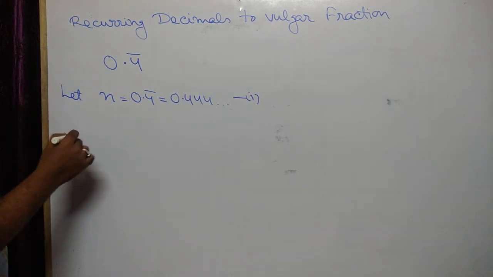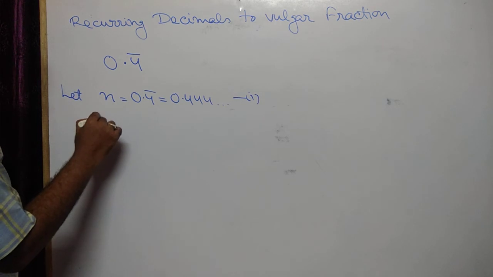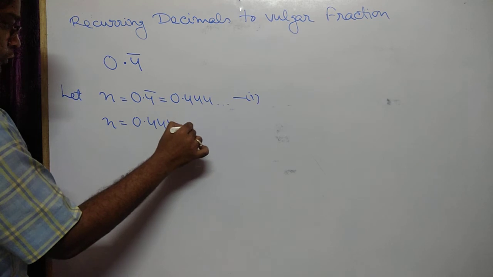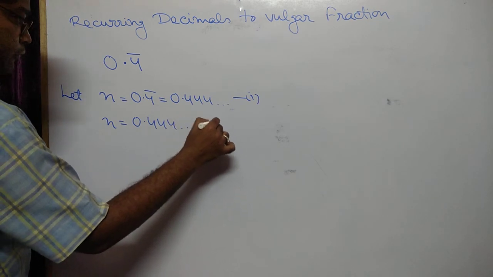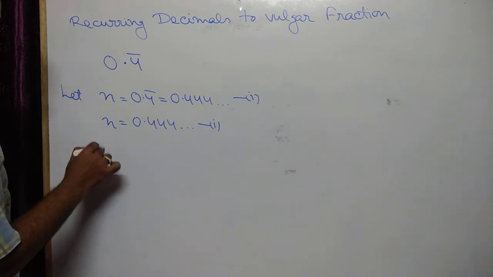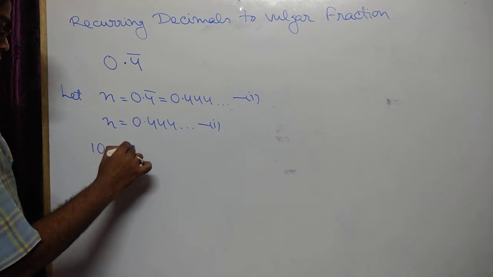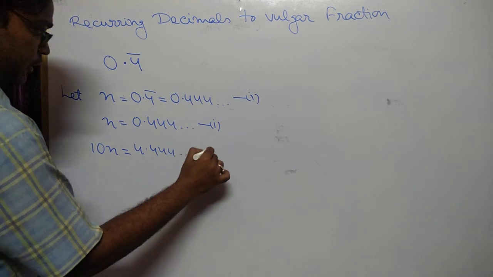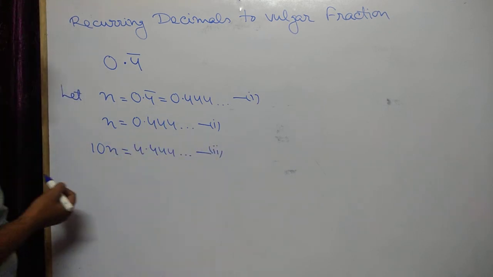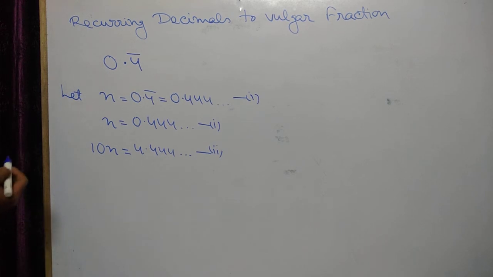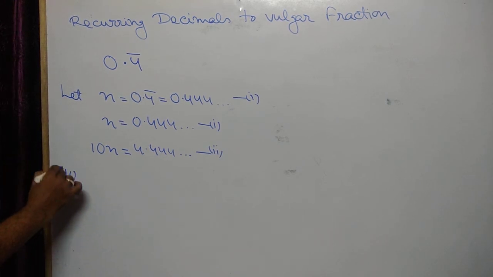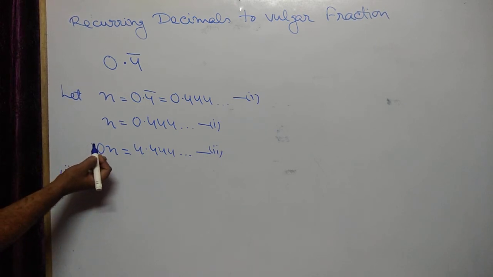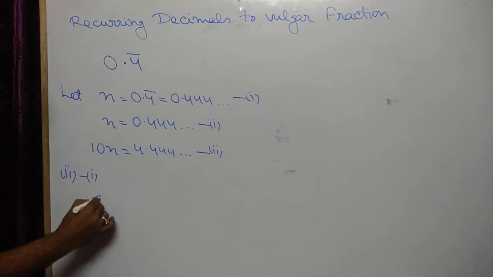Then after, if we multiply, means what? n equals 0.444 dot dot dot, equation 1. If we multiply by 10, it's 4.444 dot dot dot, equation 2. Clear? And if we subtract equation 2 minus equation 1, what does it mean? 10n minus n, it's 9n.